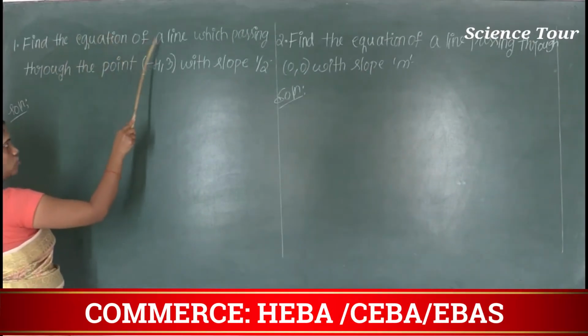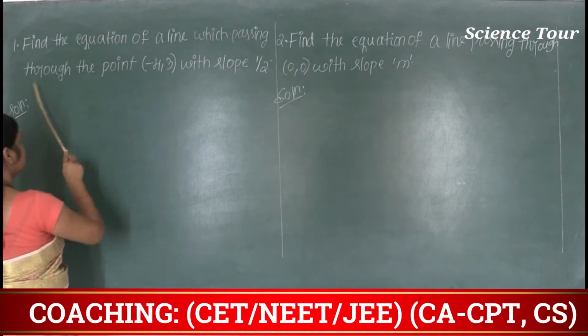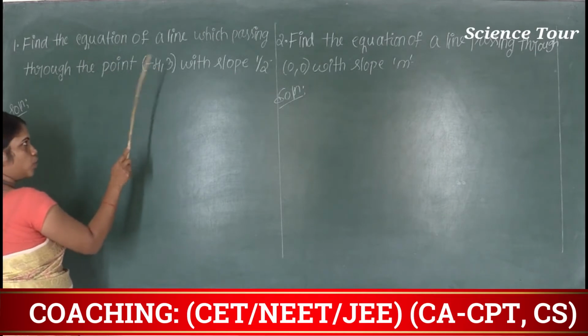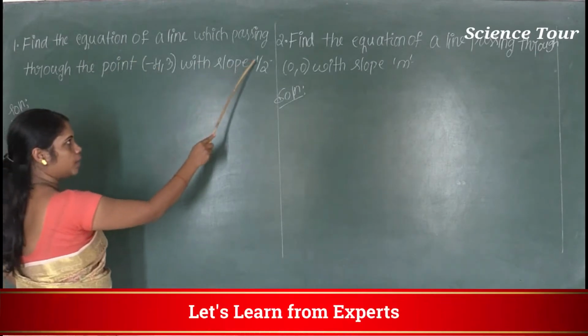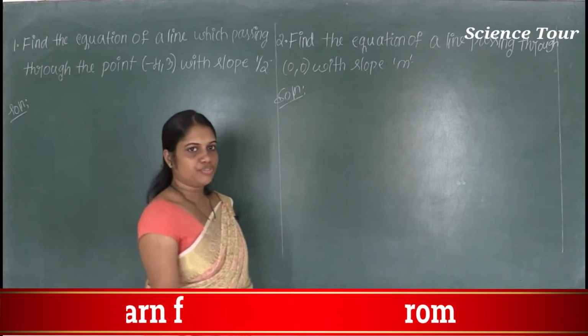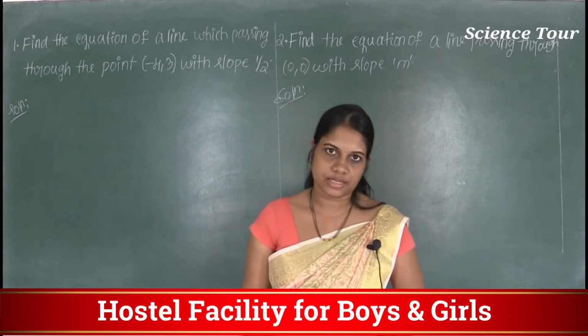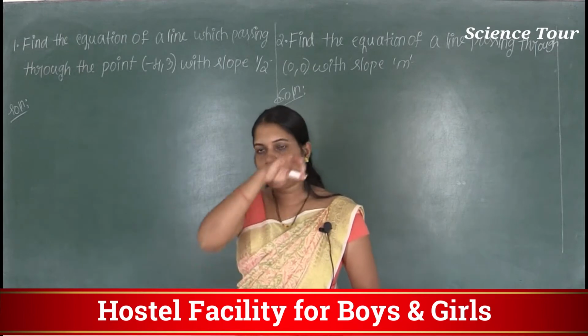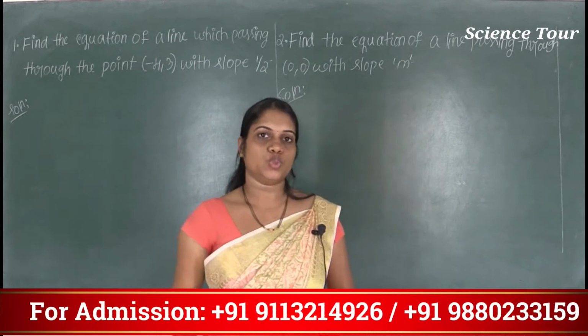Find the equation of a line which passes through the point minus 4, 3 with the slope 1 by 2. Okay. So till now we have studied the different forms of equation of a line, isn't it? So now we'll solve a few problems related to those formulas.